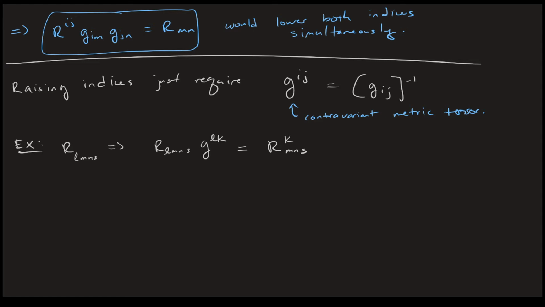So now you've got one index up and the other three down. You basically raised the first covariant index on that tensor by multiplying by the contravariant metric tensor. So this raised the first covariant index.